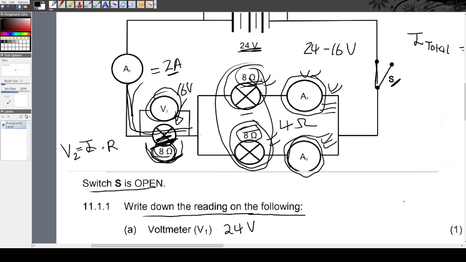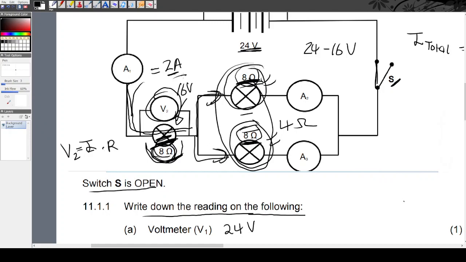Well, let me tell you this. We said that current will split here. It splits according to the ratio of resistance. If the resistance is the same, meaning we have an 8 ohm resistor here and also an 8 ohm resistor there, the current flowing in here should be the same as the current flowing in here.